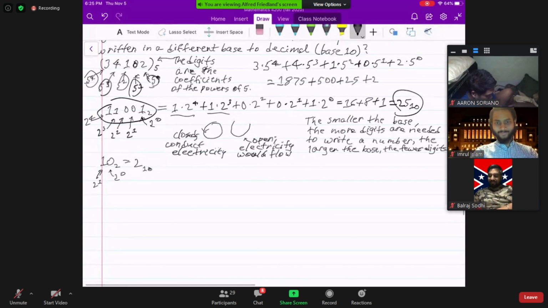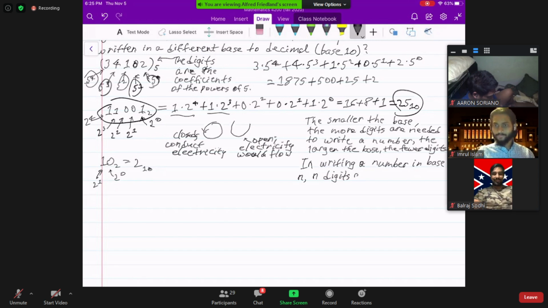Okay, so let's show that in writing a number in base, say, n digits are needed, and those digits are 0, 1, 2, up to and including n minus 1, but not n.